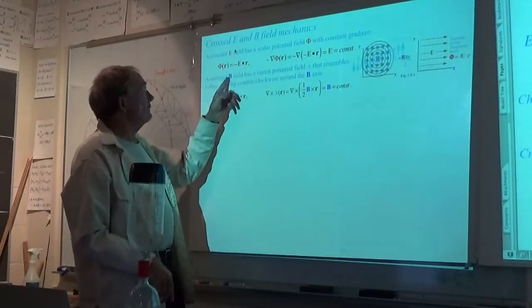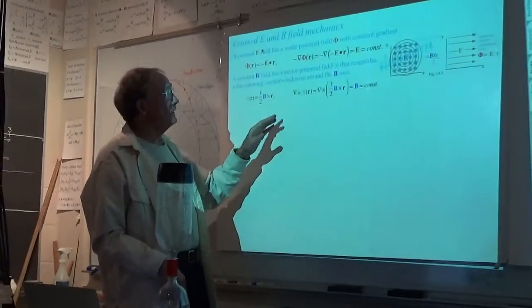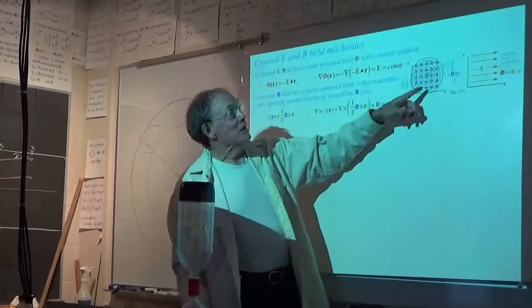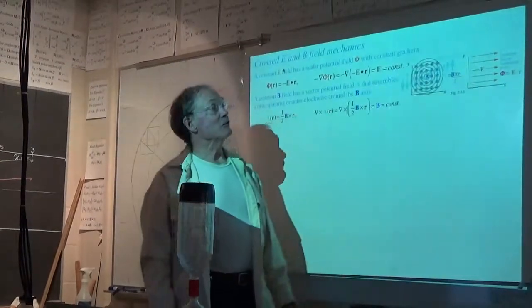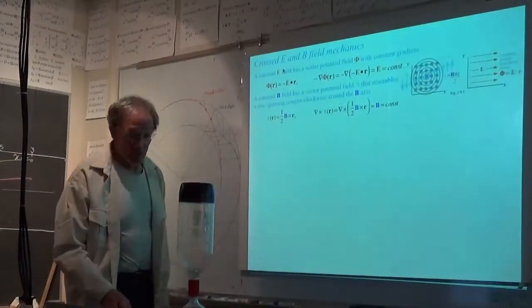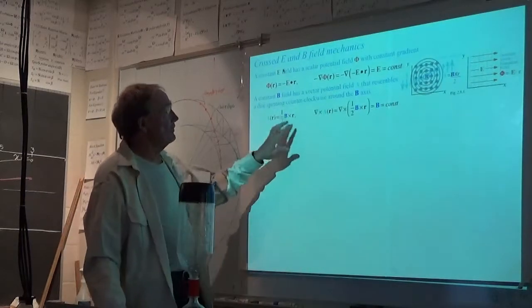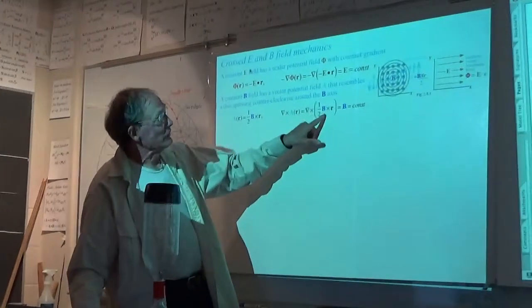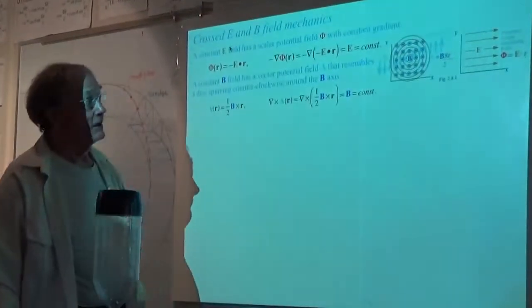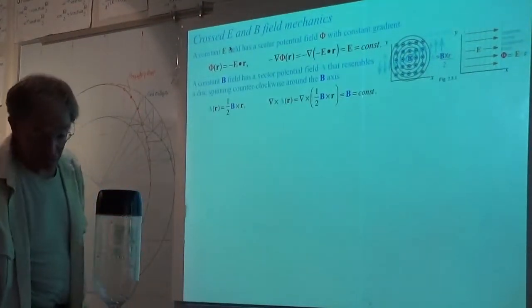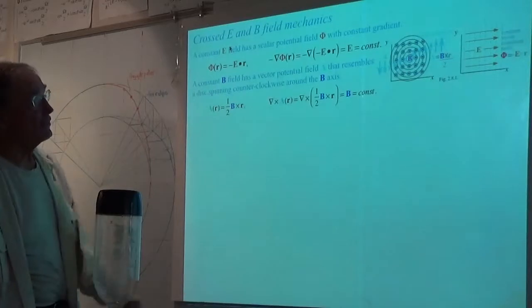If we have a constant B field, it is a rigidly rotating vector potential, velocity field. Okay, so just check that the curl of A comes out to be B. Yes, this is algebraically verified, but it's interesting geometry.